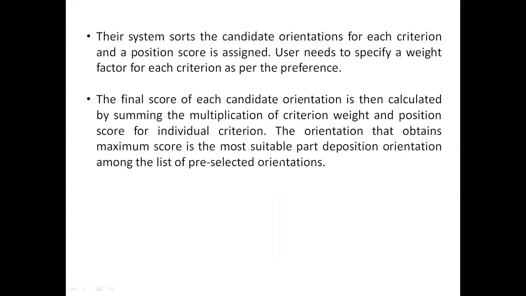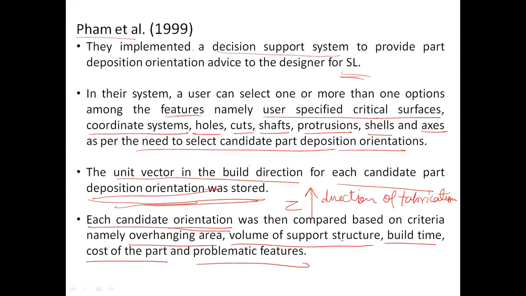Now, for each of the criteria, you assigned weights, and a position score was assigned. You came up with, say, five probable orientations.